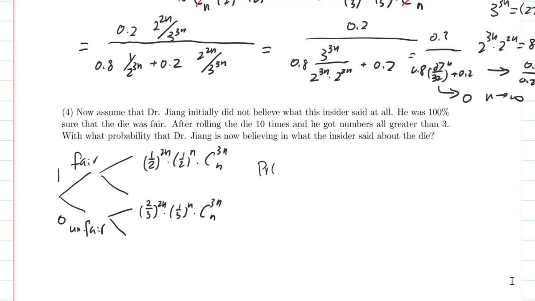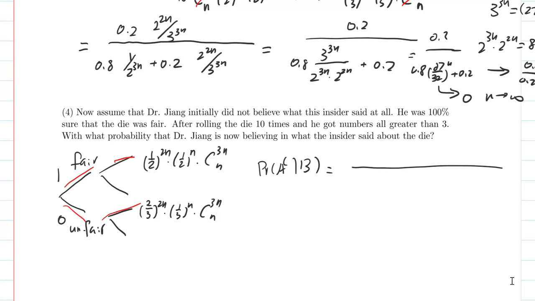So given that B has happened, that means we have 2n bigger numbers and n smaller numbers. What's going to be the probability that he is going to believe this die is unfair? If we look at it, we see that this branch over here is 1 times this, and this branch is 0 times this.